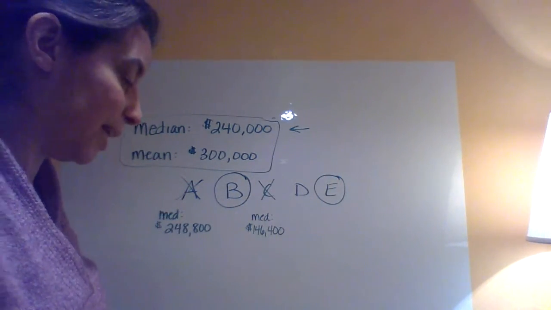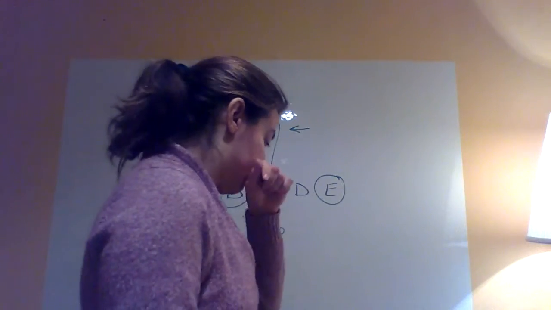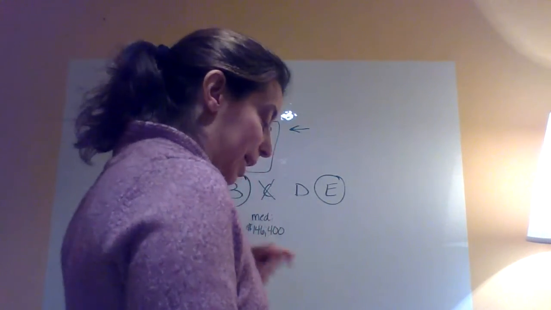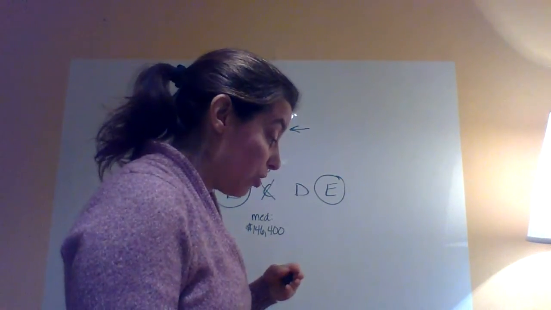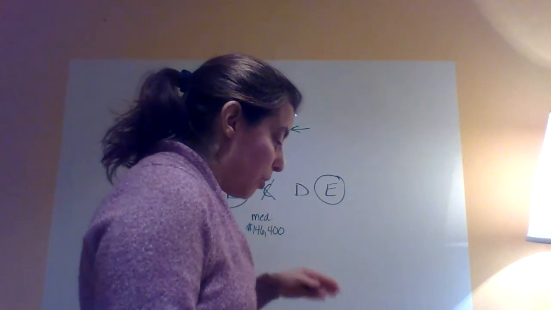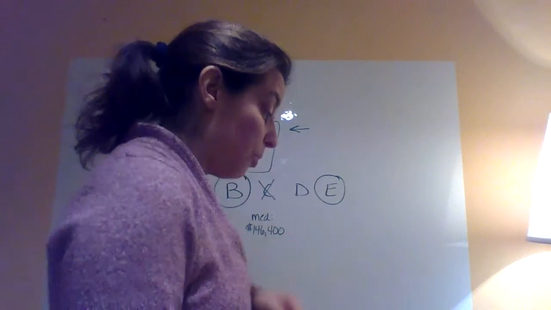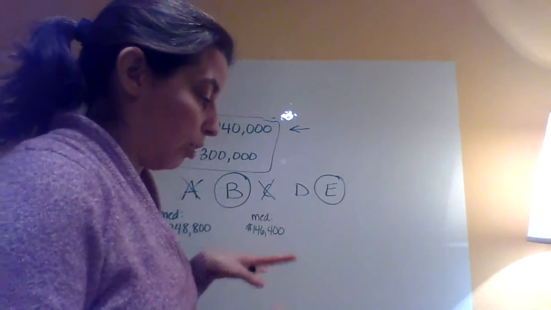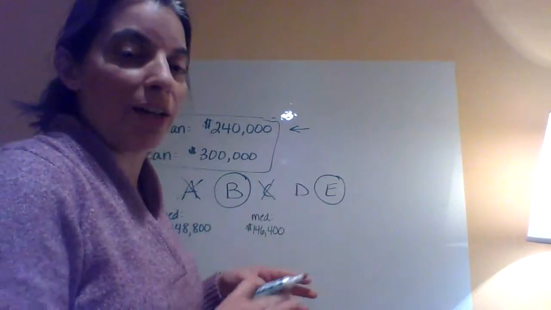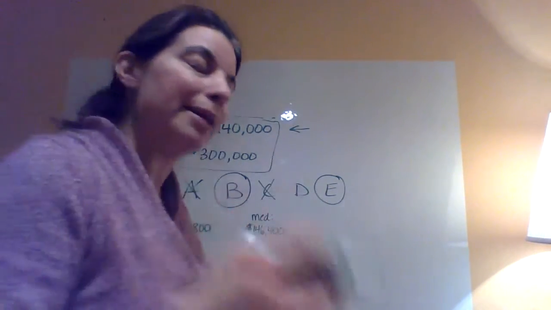So if we look at B and E, without actually calculating the mean, we see that set B goes from about 84,000 to 800,000. Most of them are below 300,000, right? So the first 5 of them are lower, and then there's a couple that are higher. It's going to pull our average up a little bit.